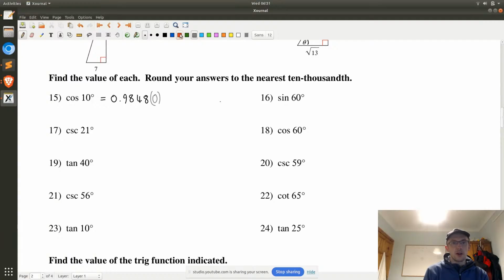Right, so just a reminder about place value: tenths, hundredths, thousandths, 10,000ths. So we only go up to here, the 10,000th place. And this digit immediately to the right is called the decider digit.